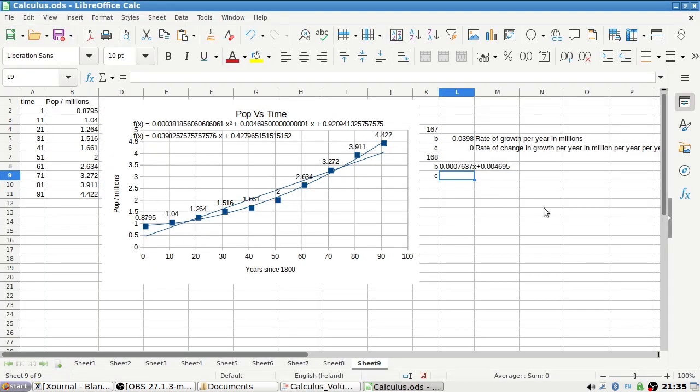And then the second derivative, 0.00076637. So same interpretations again. I guess one difference is that this is linear and this is constant. The quadratic, you can see, looks a better fit than the linear.